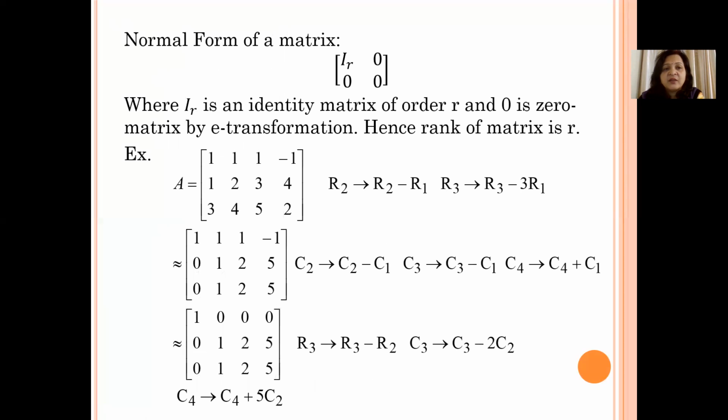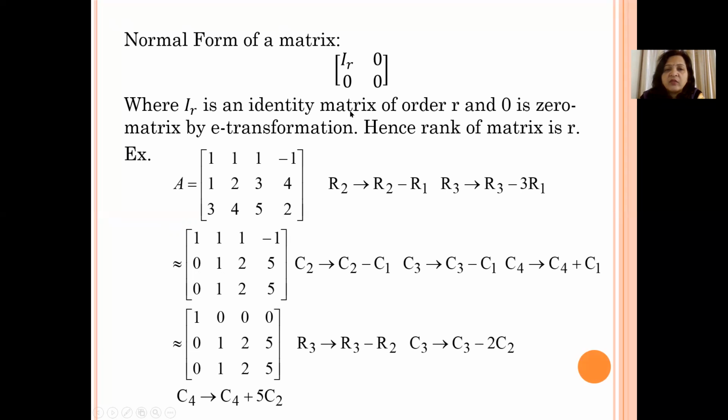Now next is the normal form of a matrix. Normal form of a matrix is represented by this form of matrix. Here, this is the unit identity matrix of order r, and these are 0 matrices.